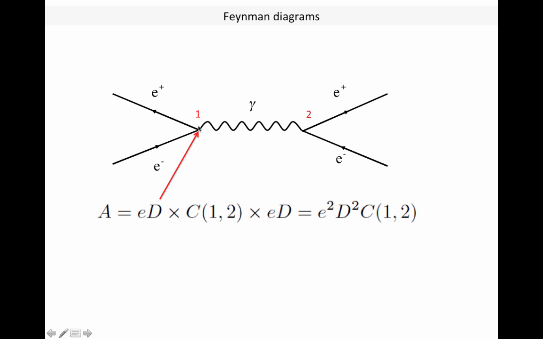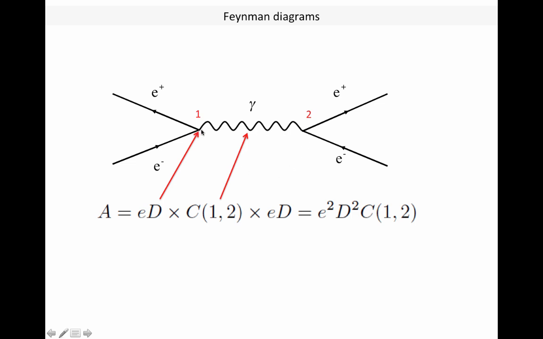So what you do is every time you see a vertex, that corresponds to a factor E, where E is the electric charge on the electron, times D, where D is simply the probability that an electron and a photon will meet and scatter. So this first vertex gives a factor E times D. After the first vertex, we have the photon, which travels between 1 and 2.